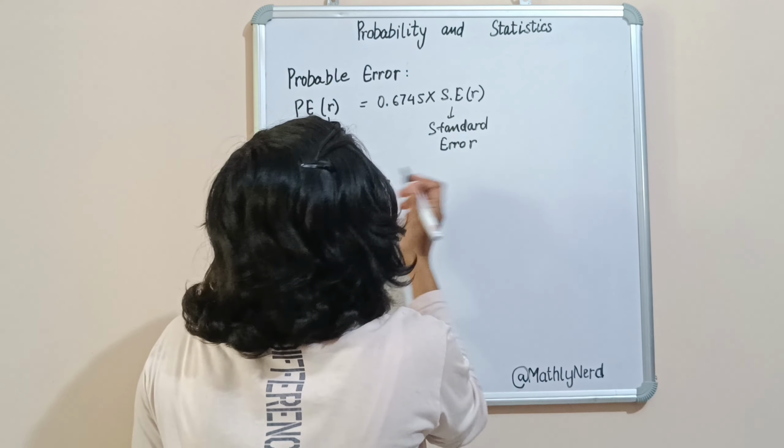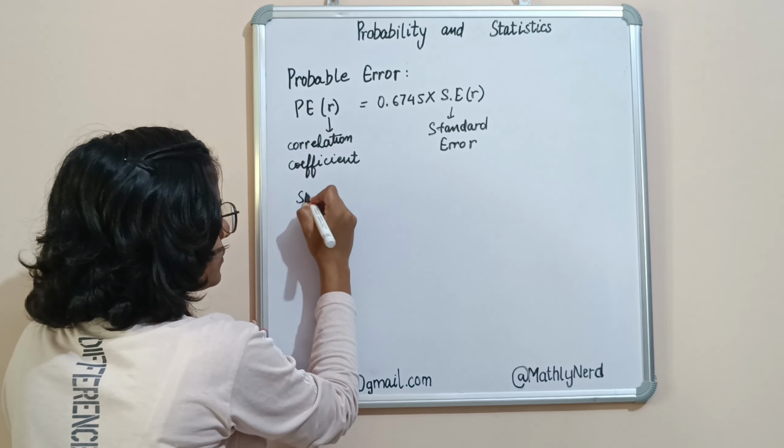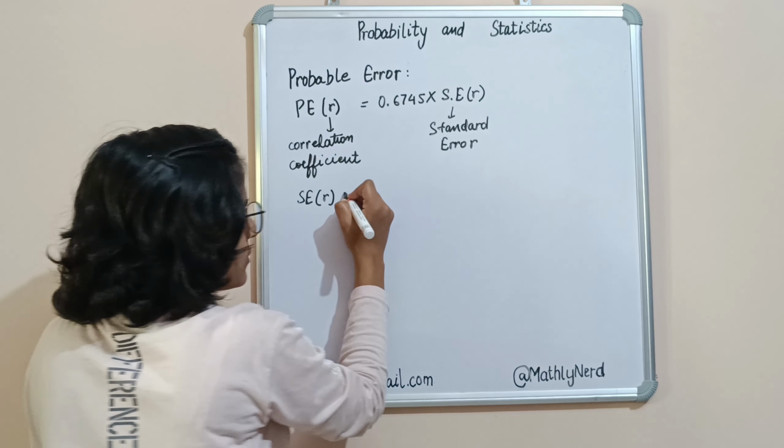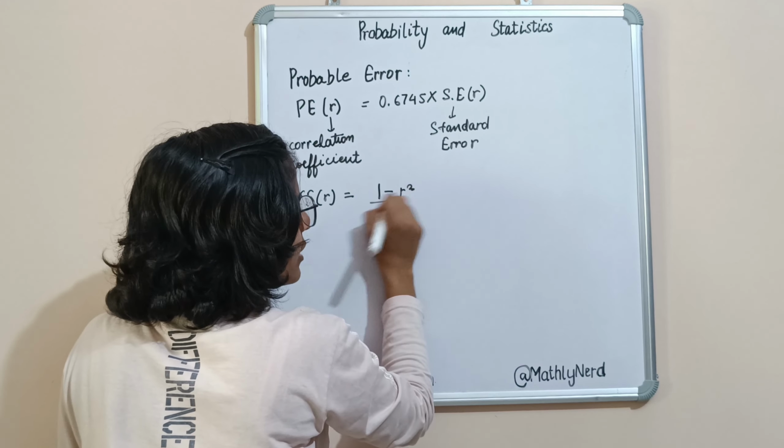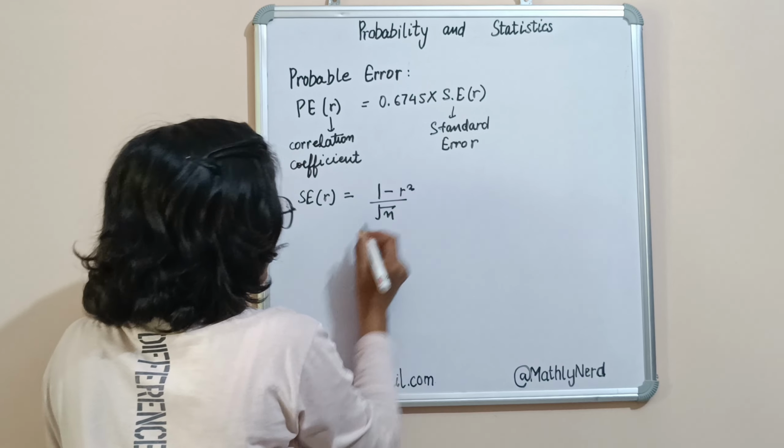Our SE(r) equals (1 minus r square) upon root n.